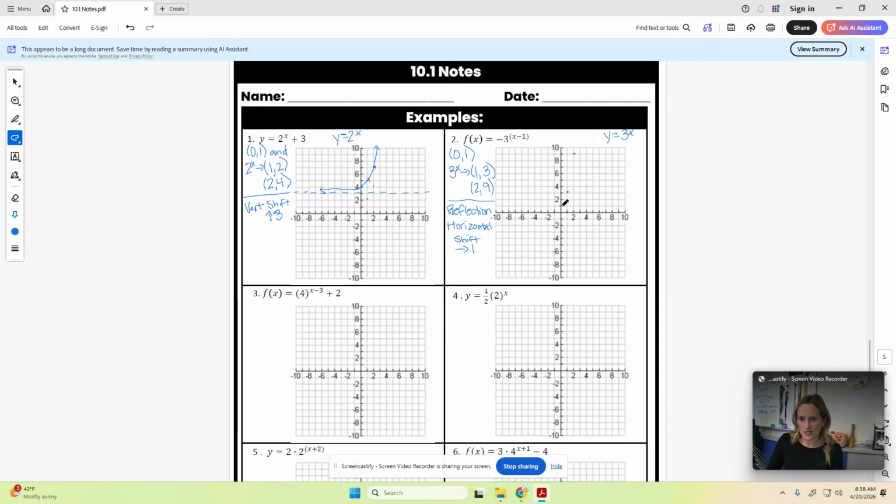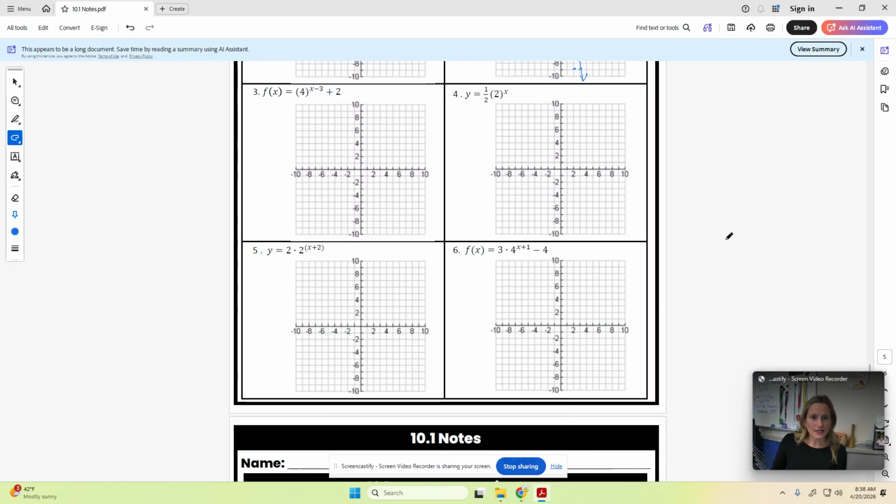So this point that was up here at +1 shifts down to -1. (1, 3) goes to (1, -3), and (2, 9) goes to (2, -9). There's also a horizontal shift, so each of these points gets shifted over 1. And now I'm ready to draw in that curve. It's coming in along the asymptote and then growing like that.